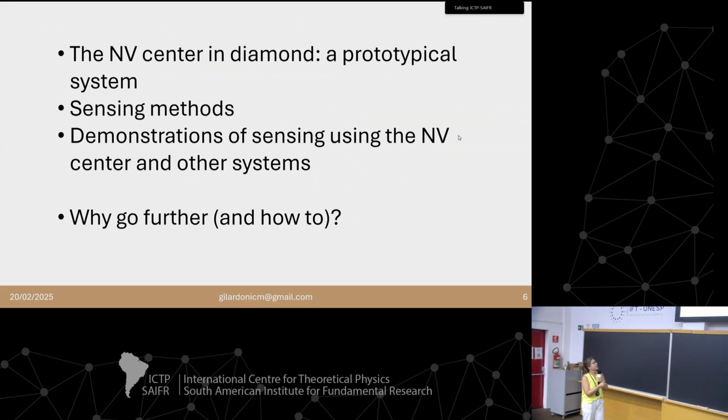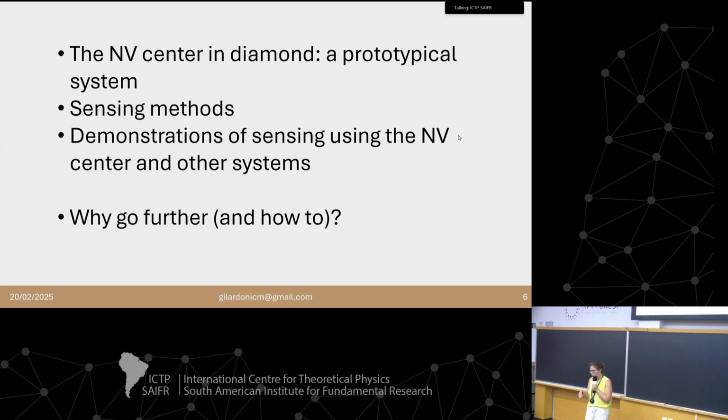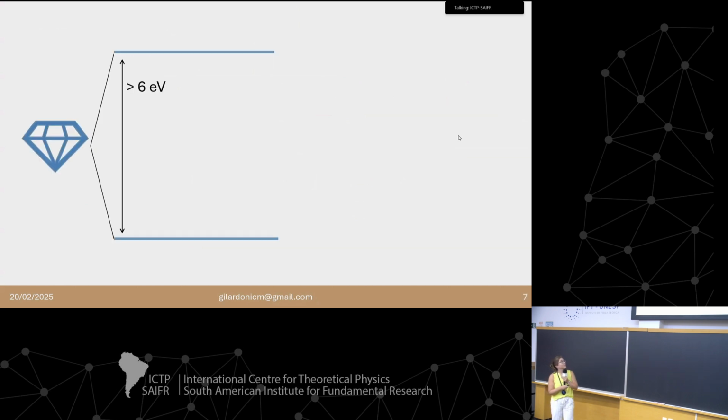And I'll tell you a little bit about what are the methods that are being used to sense with these systems, and I'll highlight a few of the most recent breakthroughs that have been shown based on these systems. But also I'll tell you a little bit in the end of why do we want to look for other quantum sensors and other materials, and where to look for these, right?